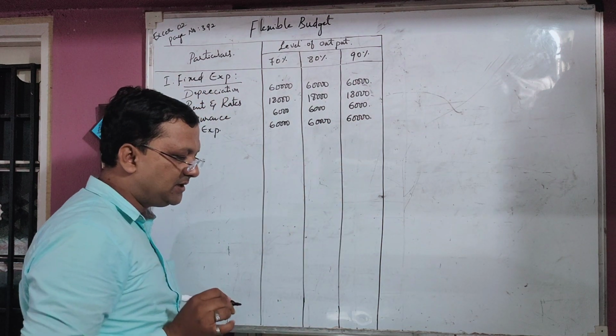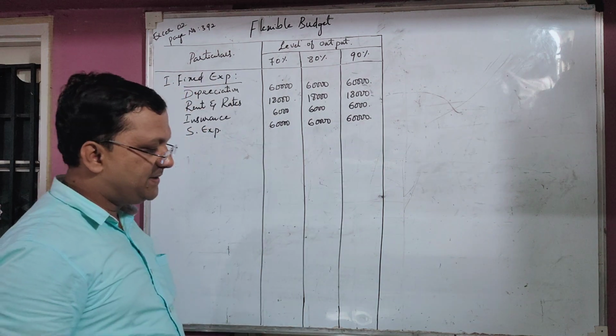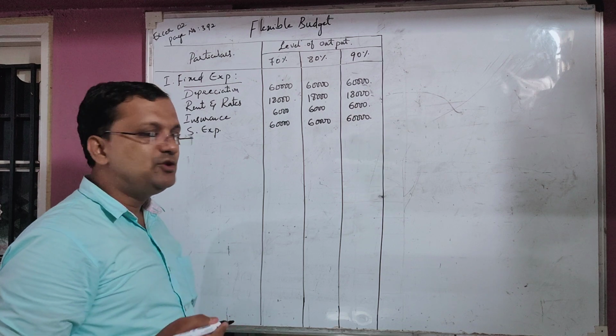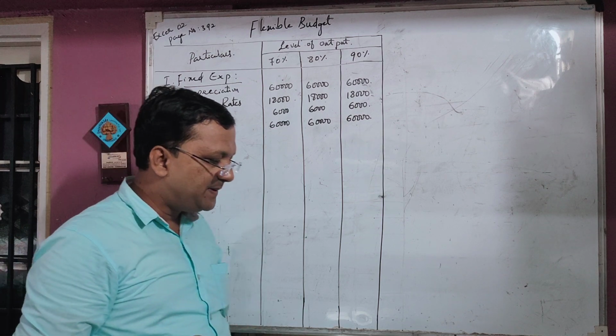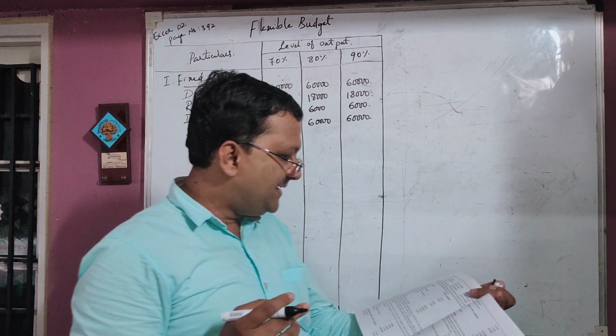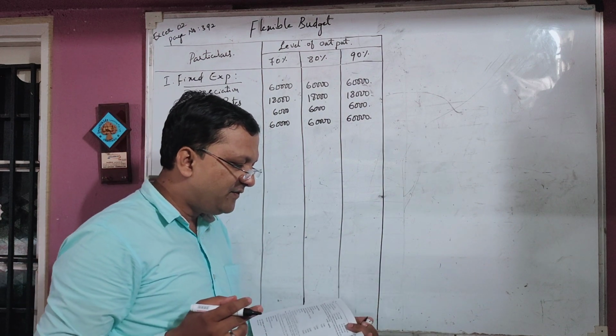Last column also 60,000. So, 60,000 rupees depreciation, 18,000 rupees rent and rates, insurance 6,000, sundry expenditure 60,000. Total four points they have given, four kinds of expenditure as fixed expenditure.